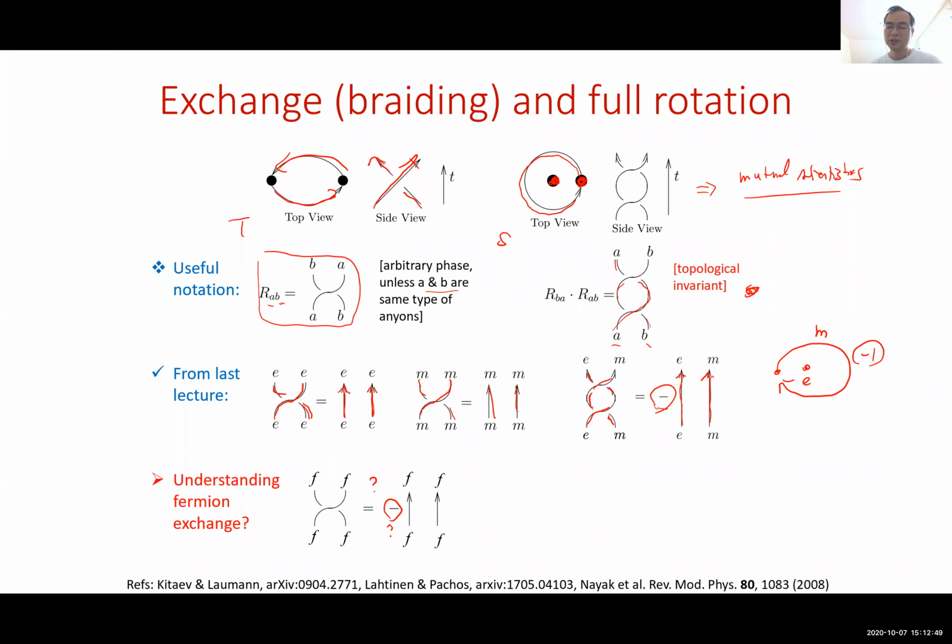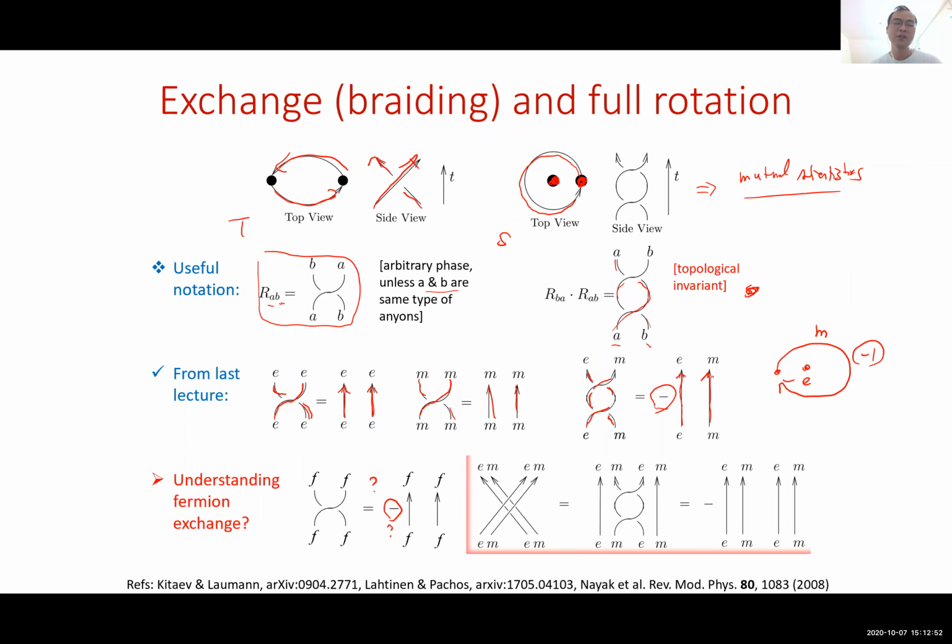To get that, we can use the definition that a fermion is a bound state of E and M. So if I exchange this pair, I want to use these rules to deduce what the effect is. So first what I do is I will resolve this here. Resolve, maybe I blow up this part.